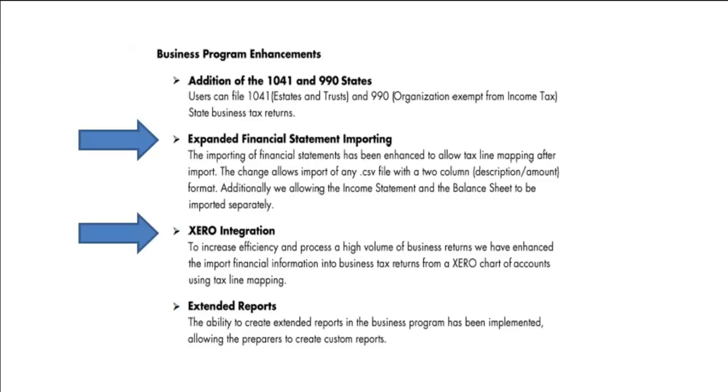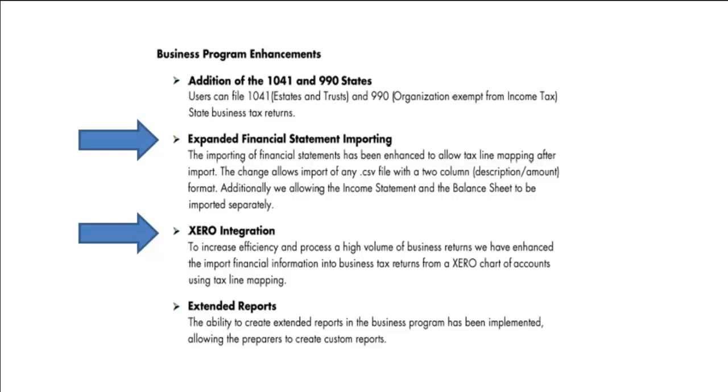The business program is not quite out yet, but there are some exciting changes we've made to it. Not only have we added states for the 1041 and the 990, but we've expanded the way financial statement importing works. Now, instead of looking for a specific QuickBooks file, we're going to be looking for a more universal CSV file, a comma-separated value file.